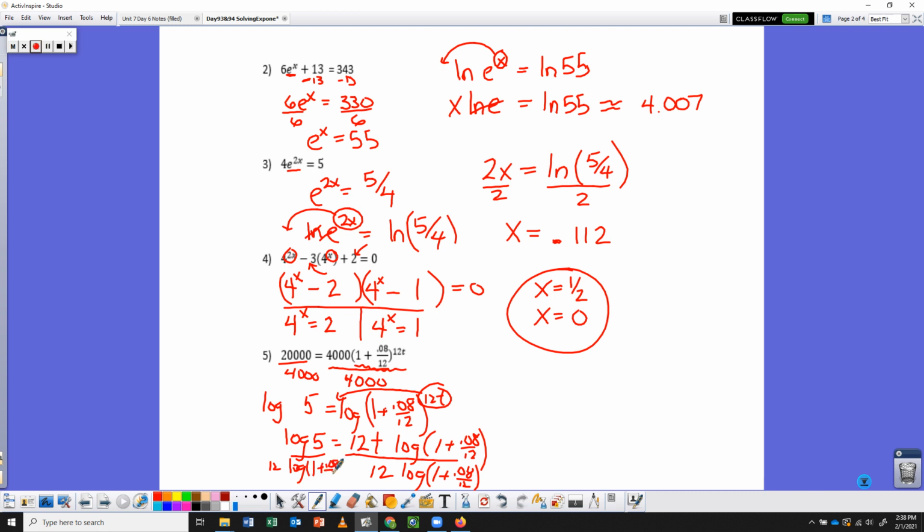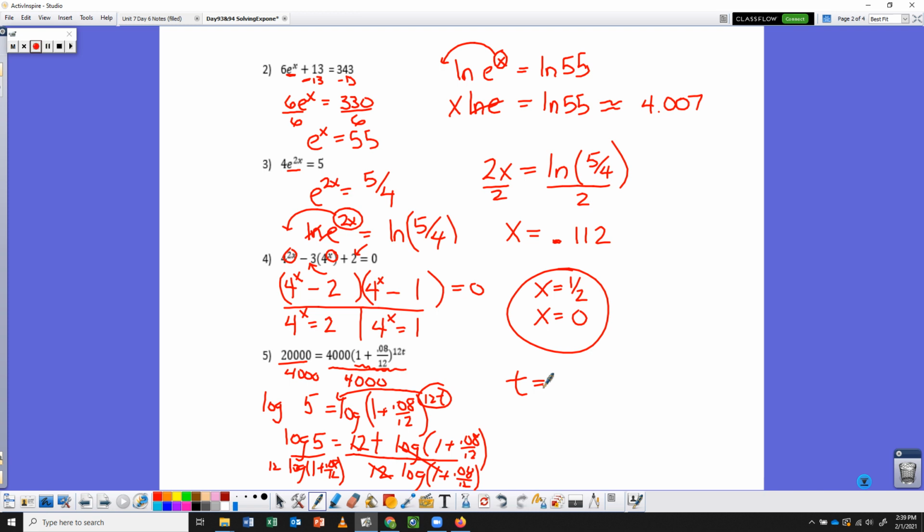At that point, the 12s would cancel out, and these logs would cancel out, and you'd have t by itself. So when I put all this into the calculator, I'm going to take the log of 5 and divide that by, parentheses, 12 times the log of 1 plus 0.08 divided by 12.